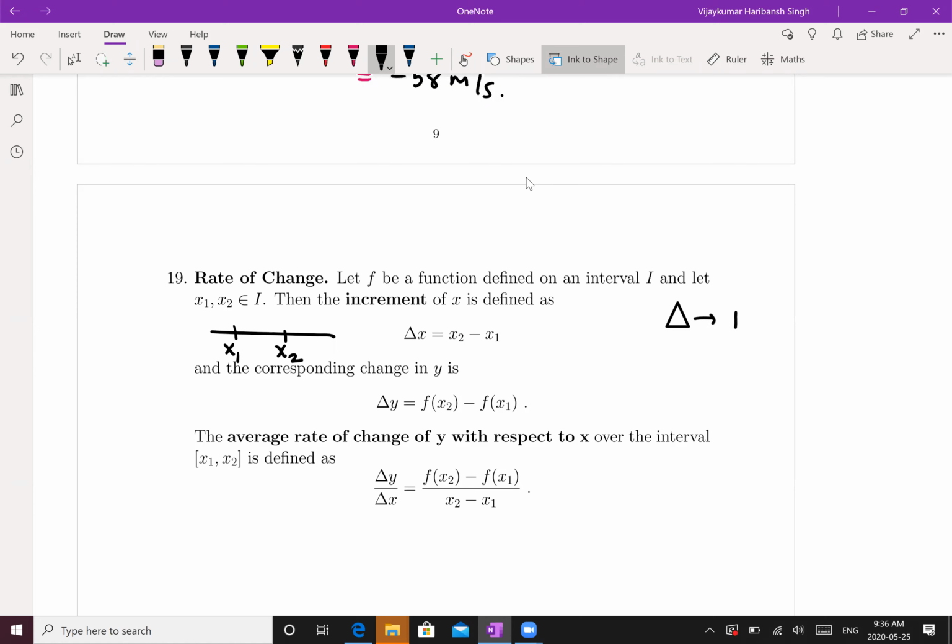So delta x is x2 minus x1. Similarly, the change in y will be what? How did your function change? Your function value will change from f of x1 to f of x2, right? So delta y is f of x2 minus f of x1.